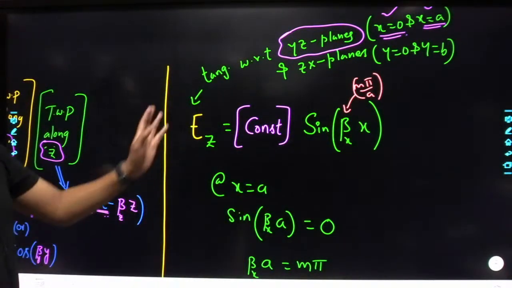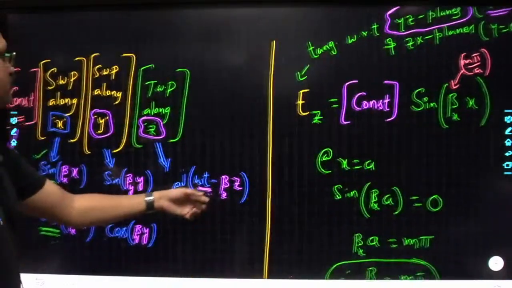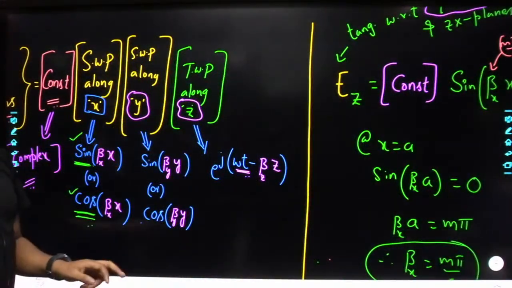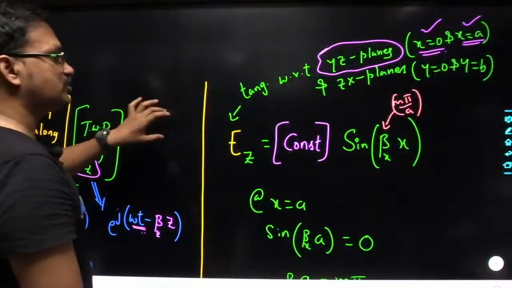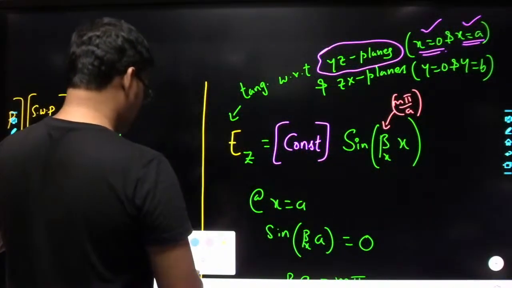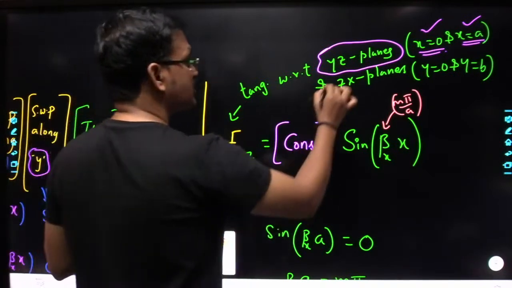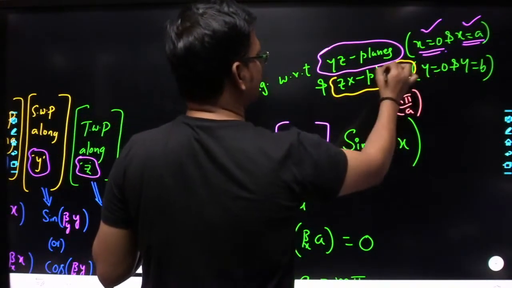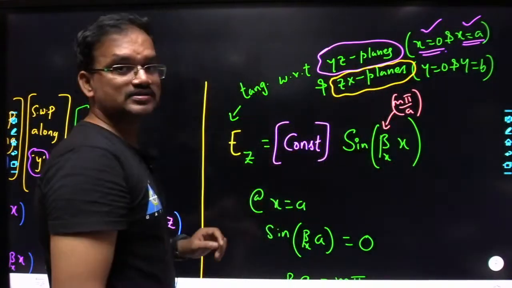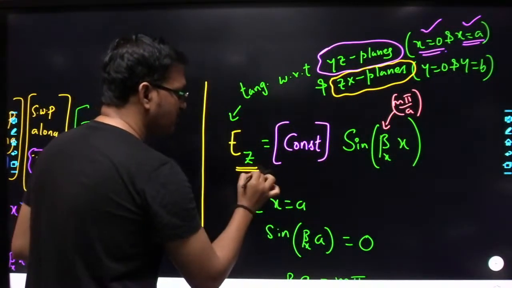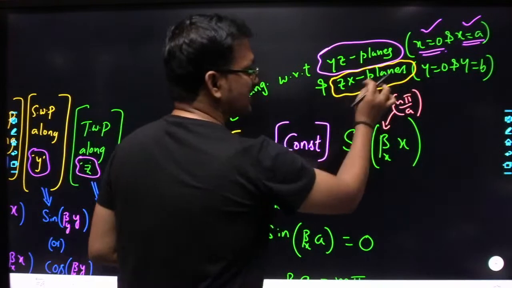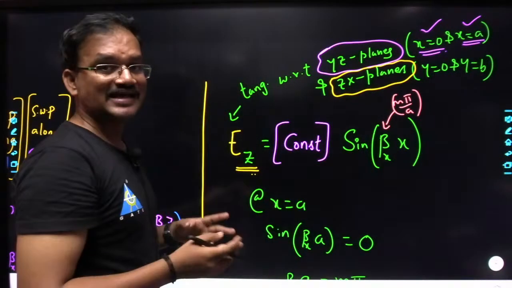Next, similarly, let us write the standing wave pattern along y. If you are moving along y, you are going to encounter the zx plates, the zx planes. So this z component of electric field, with respect to the zx planes, behaves as a tangential component.